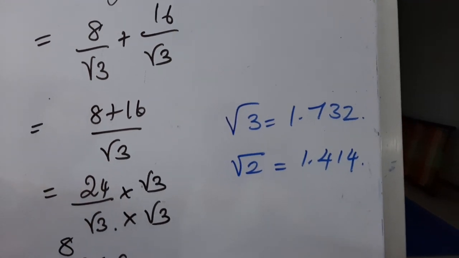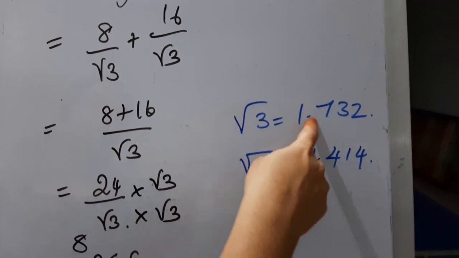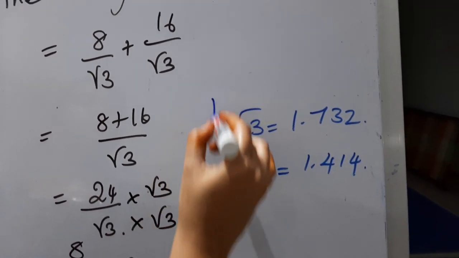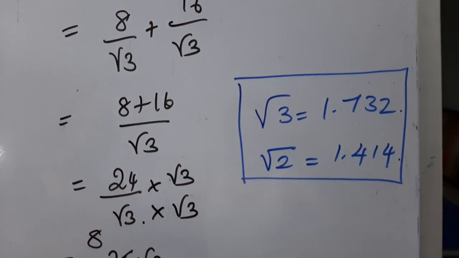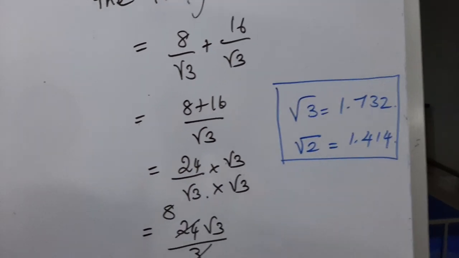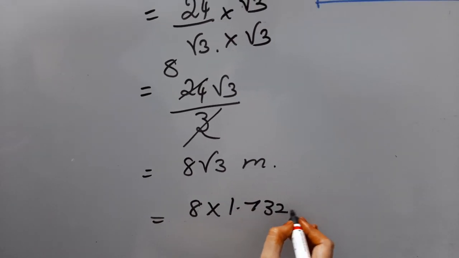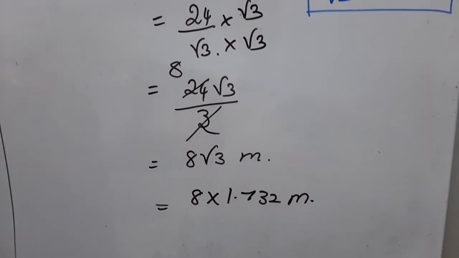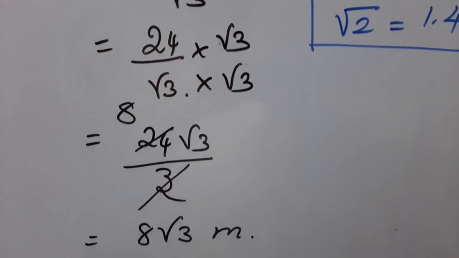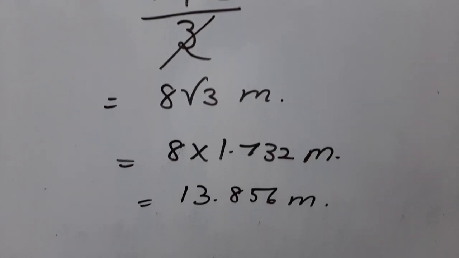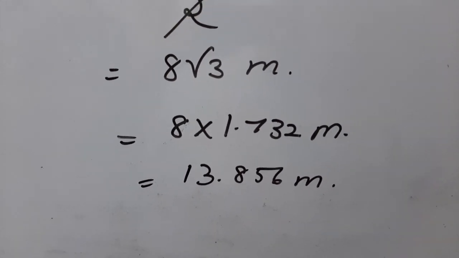If you see your trigonometric ratio table, you will have only the root 3 value and root 2 value. Both the values in decimal are given here. Make a note of it in your classwork as well as your content book. So now here we are going to multiply 8 into 1.732 meters. So the total height of the tree is 8 into 1.732 meter, which is equal to 13.856 meters.